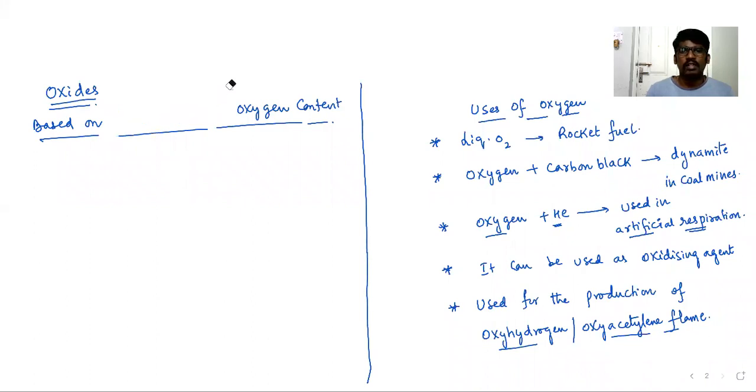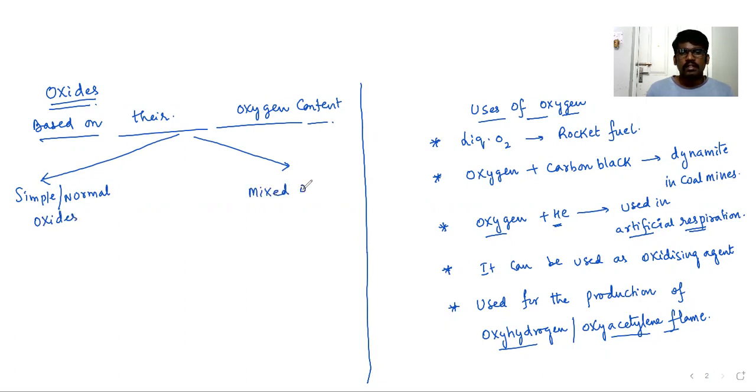We are not going to mention the percentages. So we have two types of oxides majorly. One is simple or normal oxides. Second one is mixed oxides, right?